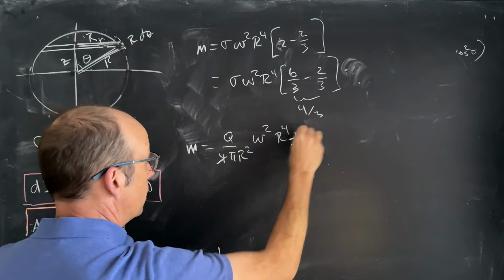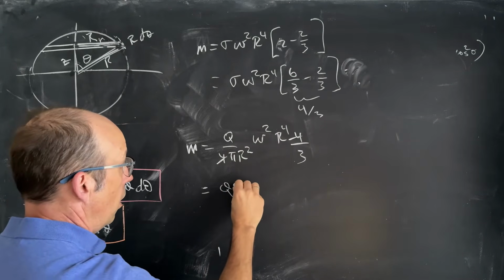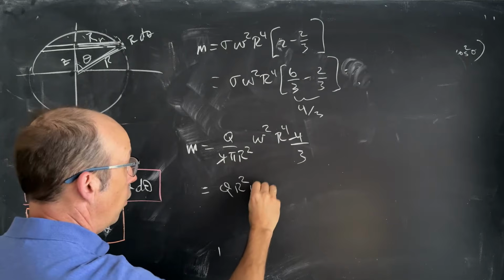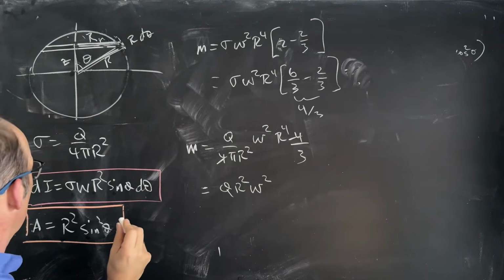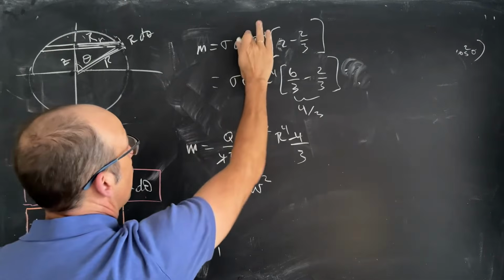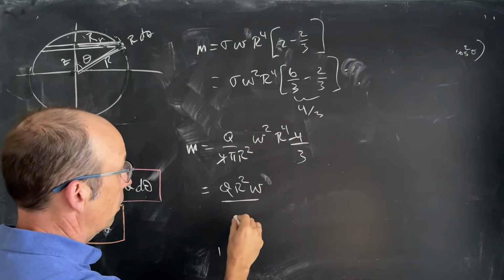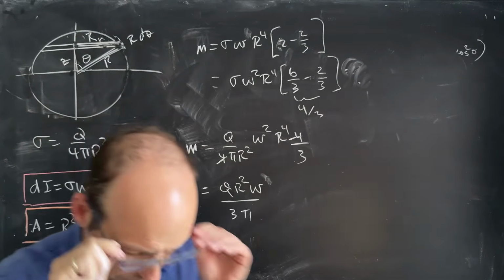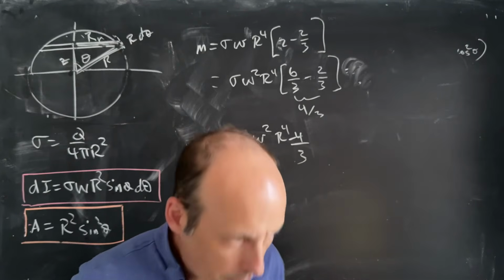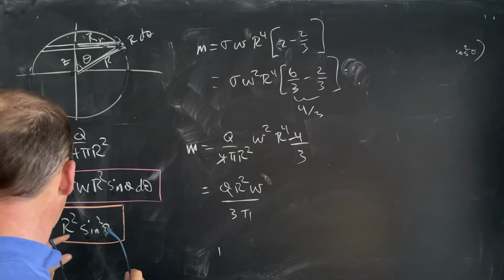That cancels, and I get q r squared omega over 3 pi. Did the pi not cancel? The pi should have canceled. Where did I lose my pi?